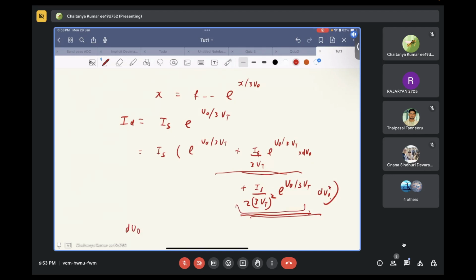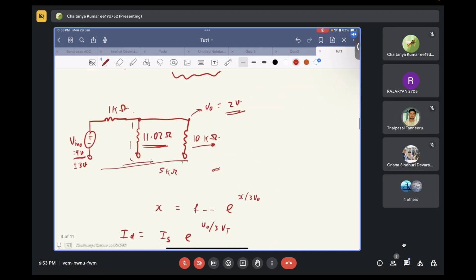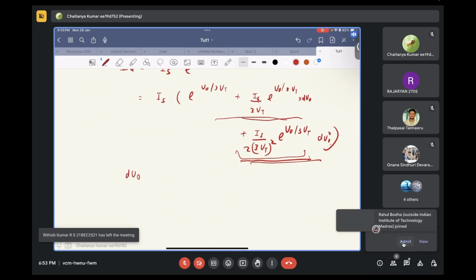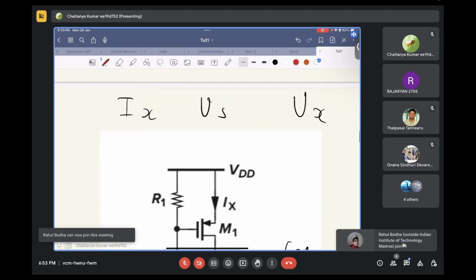If you find that this variation is not large enough, then you know that incremental analysis is going to work. Is it clear? Yes, sir. Okay, so I hope this gives you some motivation for why incremental analysis is necessary. Now we will move to another question.